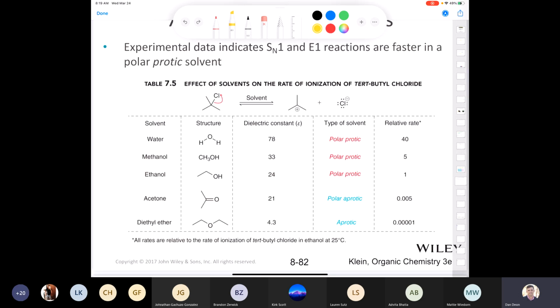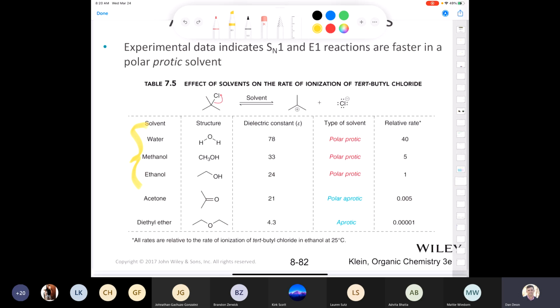So you can see that since water, methanol, and ethanol are polar protic solvents, the reaction can occur in these solvents, whereas if we have a polar aprotic solvent, the reaction rates are just so low that it's going to be a useless reaction.